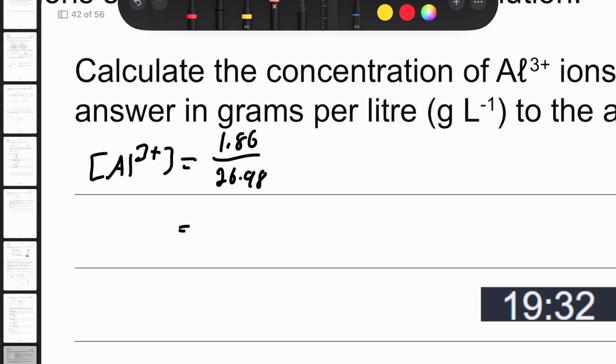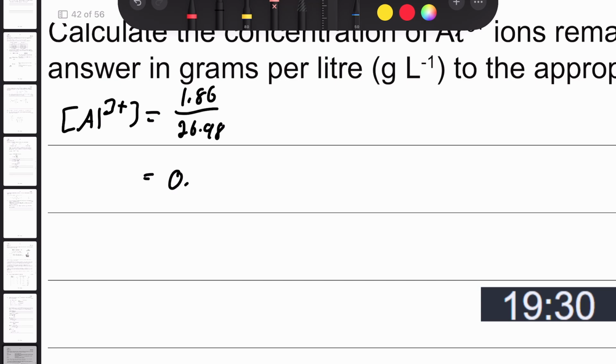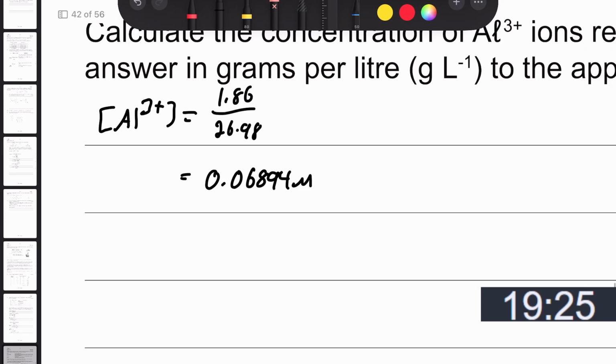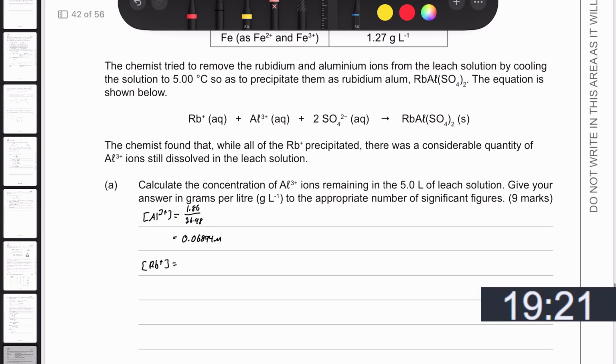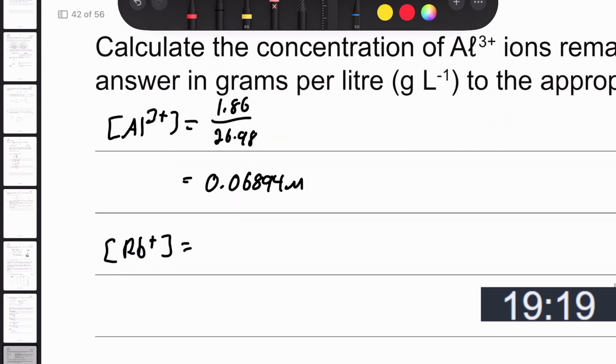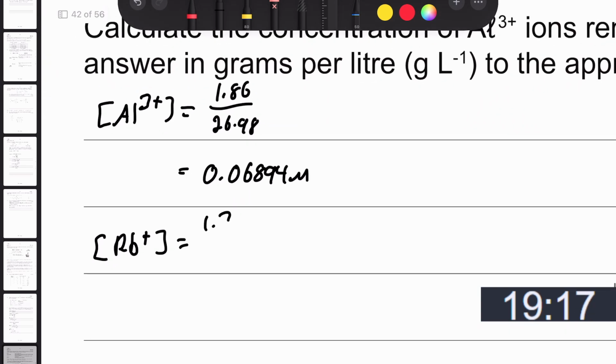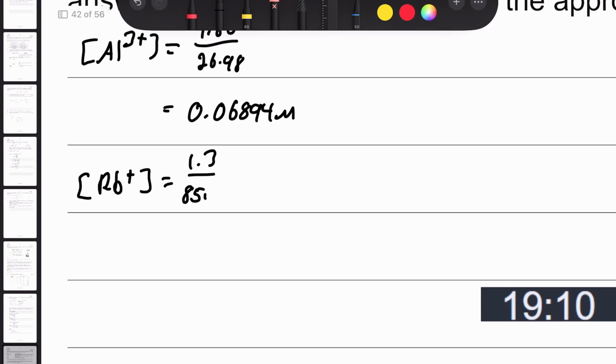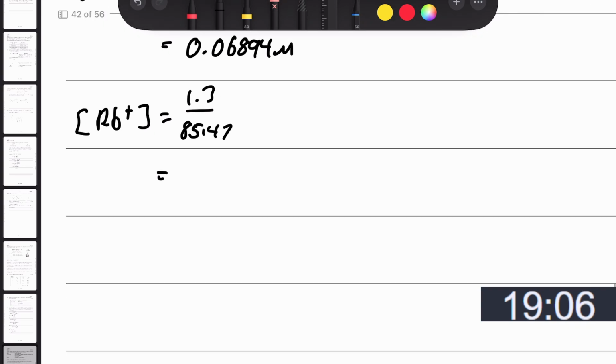I'm going to make these all into molar concentrations: 0.06894. And then Rb plus is equal to 1.3 over Rb, which is 85.47. 1.3 by 85.47 is 0.01521.